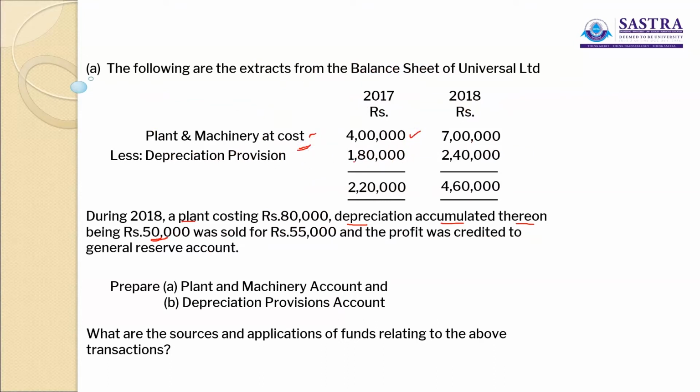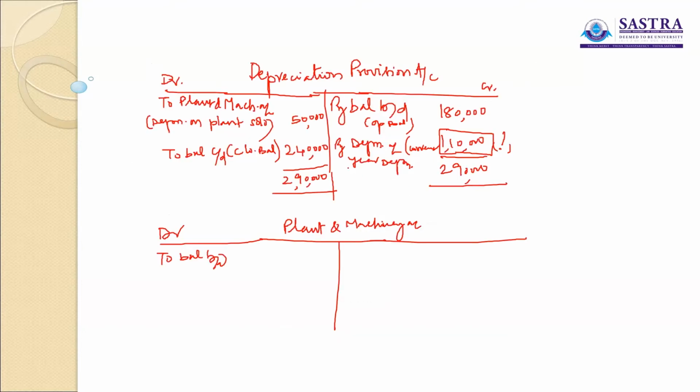That is the reason why depreciation is shown separately in the question. It is not book value, it is at cost, the price at which it was bought, the cost price. So 4 lakhs and 7 lakhs. Opening balance being 4 lakhs. By balance carried down, that is closing balance 7 lakhs.